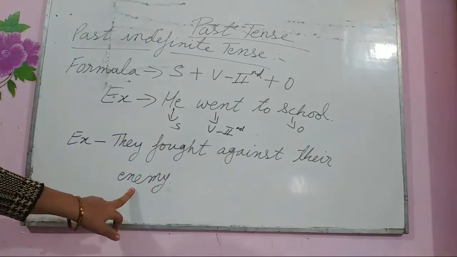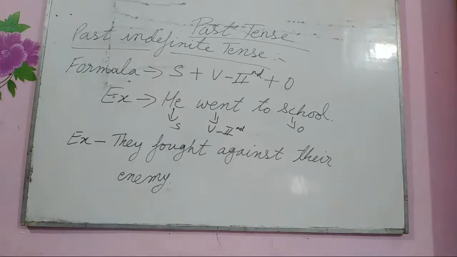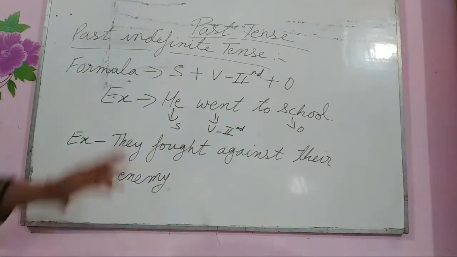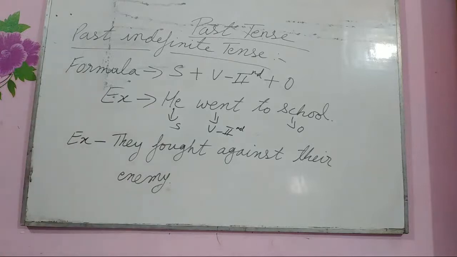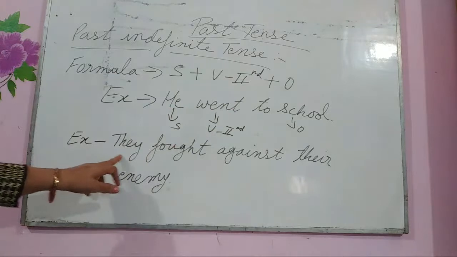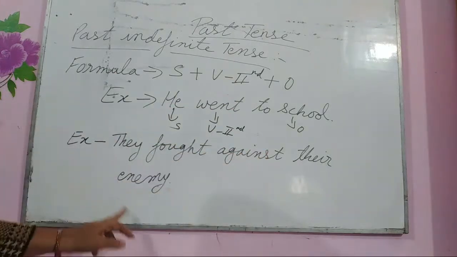Here enemy is your object. Students, I hope you all are getting it. Just follow the example according to the formula. The examples related to past indefinite tense are he went to school, they fought against their enemy.